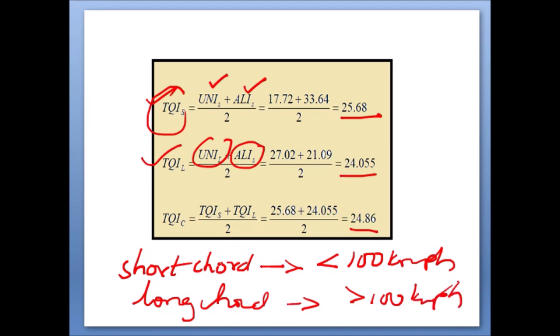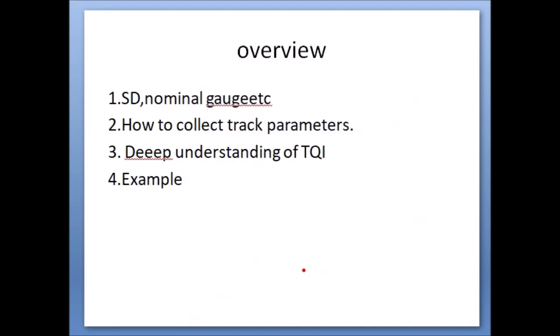Generally, for lesser speed, up to 100 kmph, we use short chord, and for higher speed, more than 100, we use combined TQIC, which is a function of both short and long chord. I hope all the concepts were very clear to you.